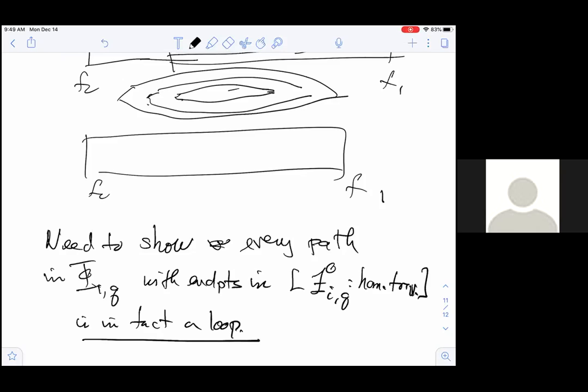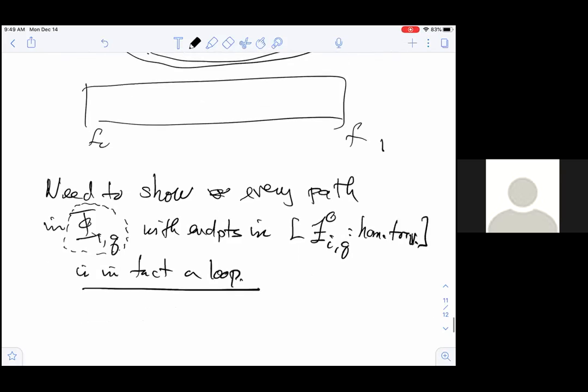Okay, so it's now a combinatorial question, but unfortunately it's about a combinatorial structure which locally around each point is very nice, but whose global structure we don't yet understand.